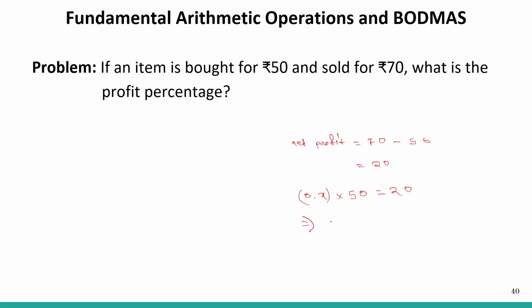So this implies that what we are left with is x is equal to 20 by 50 into 10, that is 2 by 5 into 10. So this is equal to nothing but 4. So this implies that 0.x is equal to 4. So this implies that x is equal to 40. So the percentage is 40. So the profit percentage is 40.